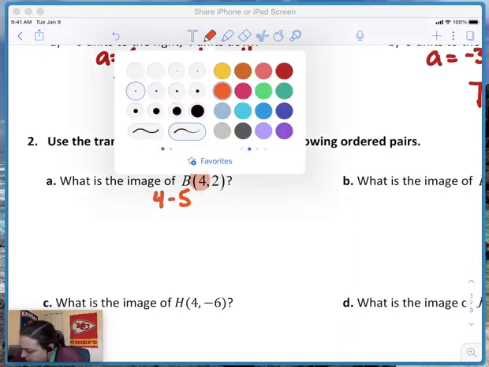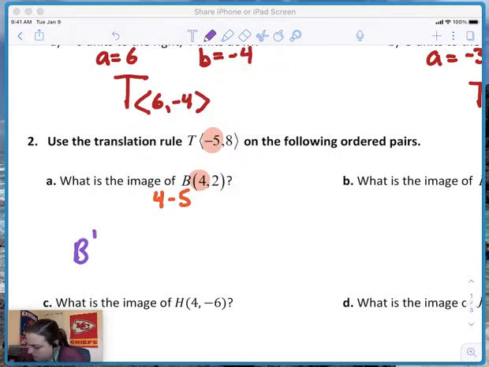So I'll have B prime, because that's going to be the image. 4 minus 5 is going to be negative 1.